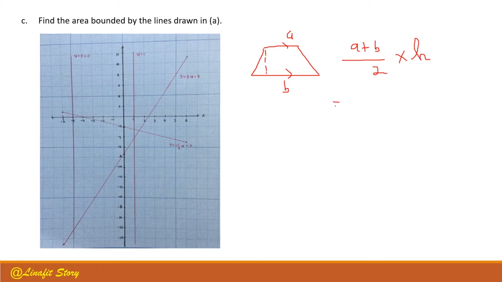A is 1.5, while B is 22.5, divided by 2 times the height of the trapezium, which is 6. 1, 2, 3, 4, 5, 6. So the answer is 72 square units.